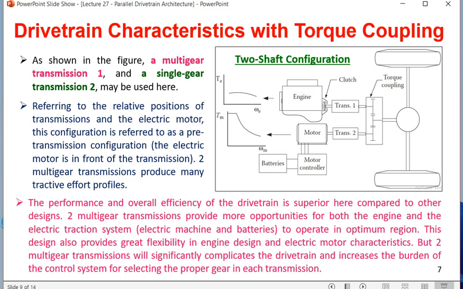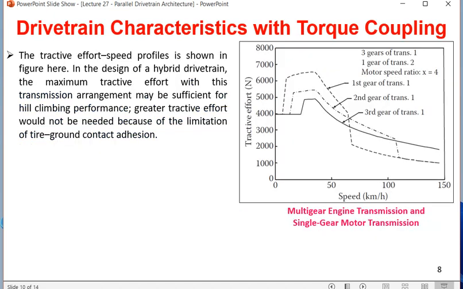So though putting another clutch with the motor would have given us better or finer control, we don't do that, because the multi-gear transmission will significantly complicate the drivetrain and the driver will get irritated because he has to control two different clutches. It will increase the burden of the control system for selecting the proper gear in each transmission and the driver's job will become difficult.